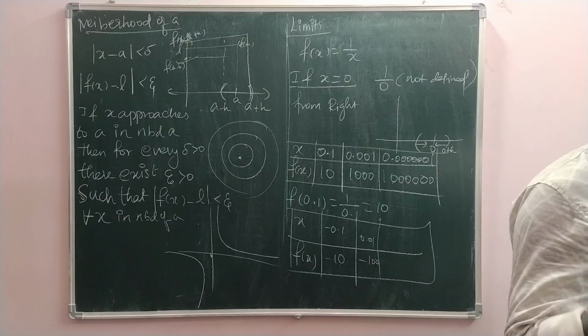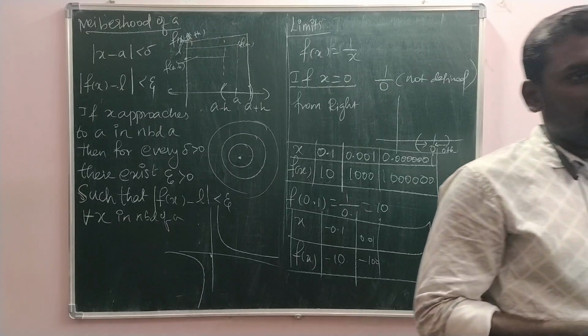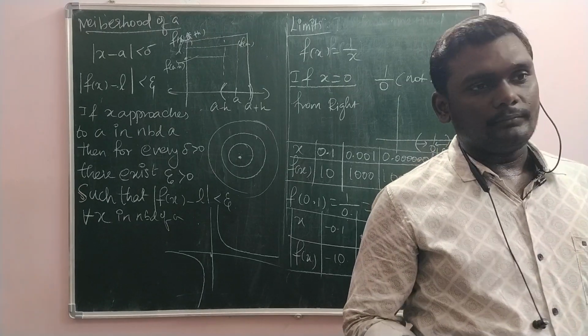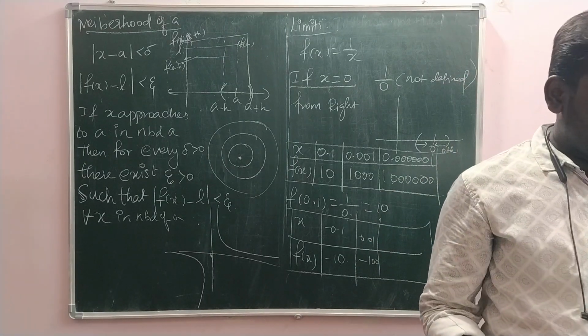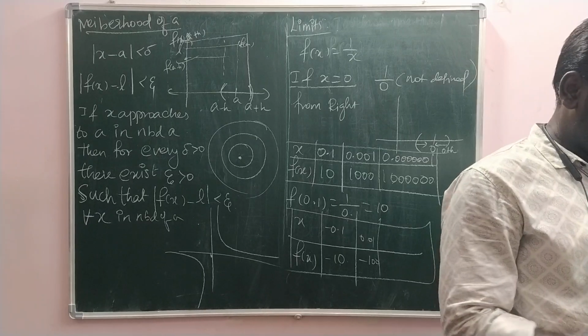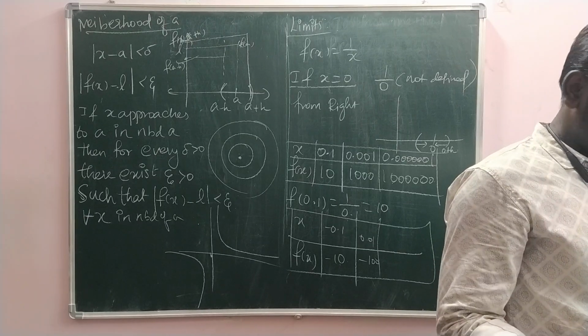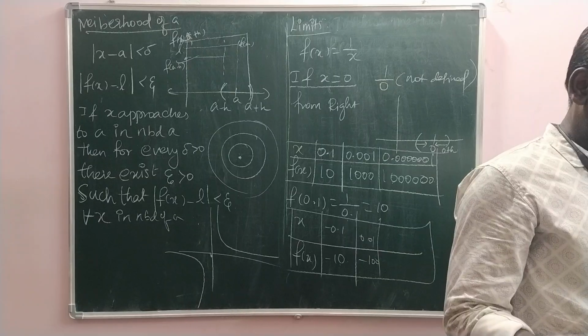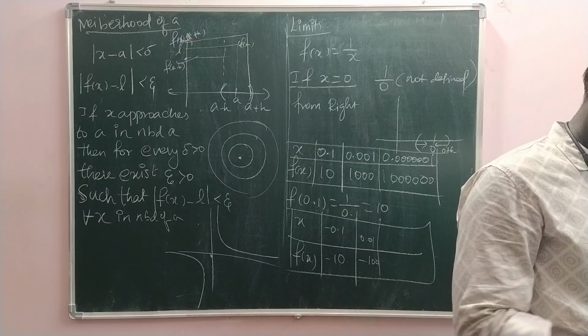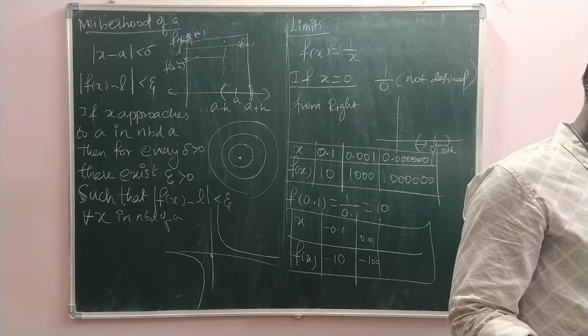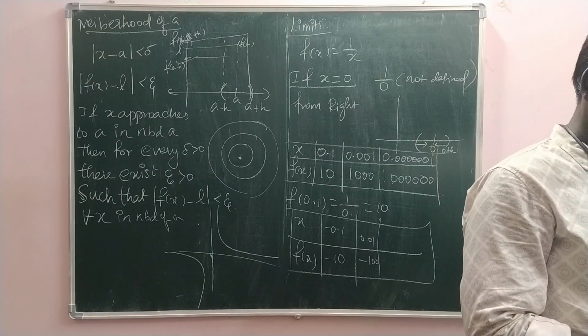What I said: a limit exists when it exists and is finite. That is a finite number. It should reach a finite number, then only can you say the limit exists. Otherwise, the limit does not exist.